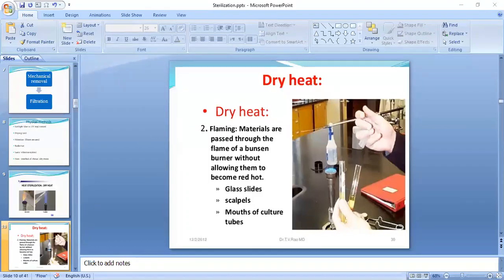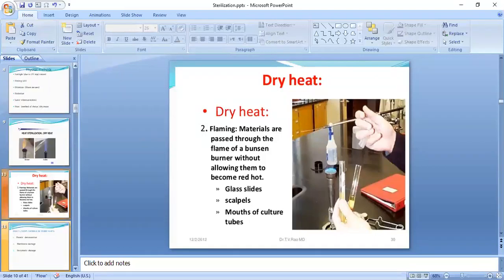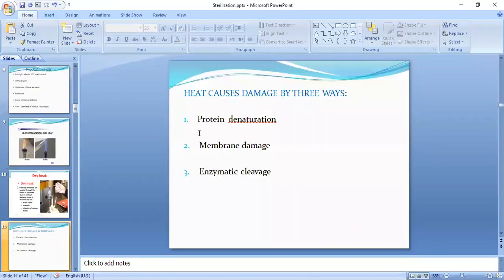So the next one: how does the heat cause sterilization?